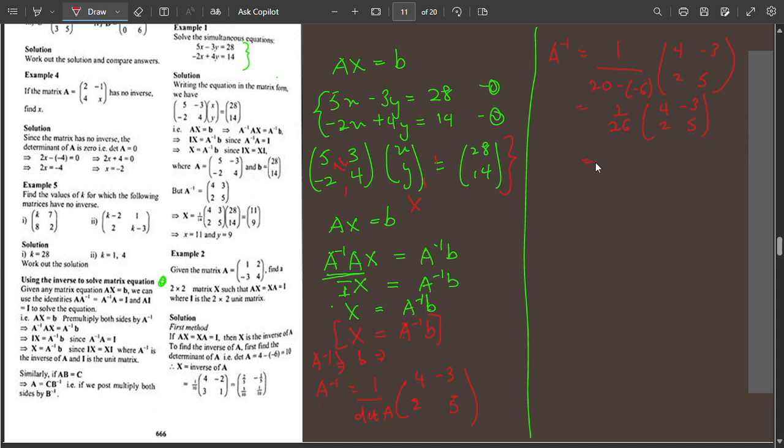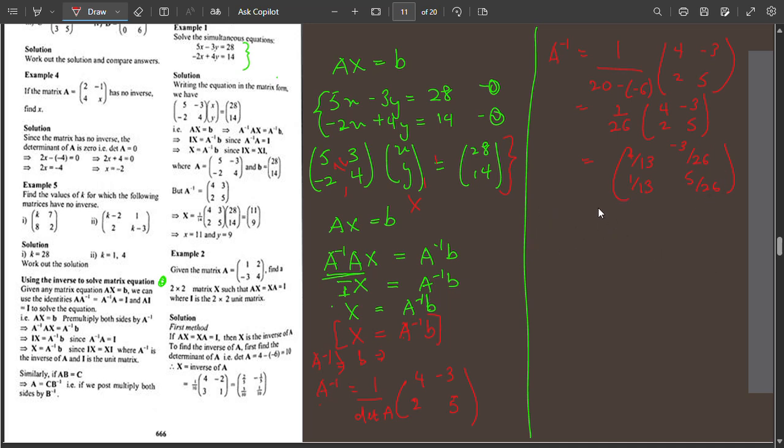We could simplify it to 1 over 13, maybe 1 will be 2. 2 over 13 minus 3 over 26, 1 over 13 and then 5 over 26. Right? That's easy. That's the inverse of A.